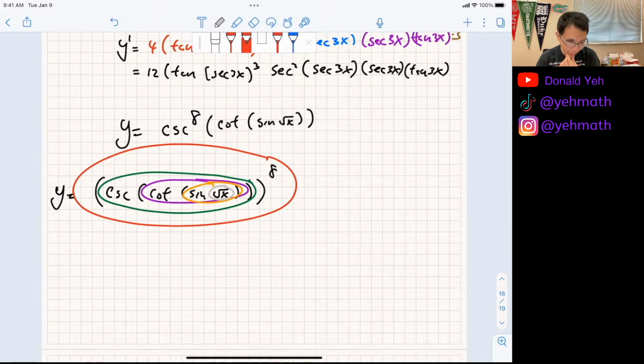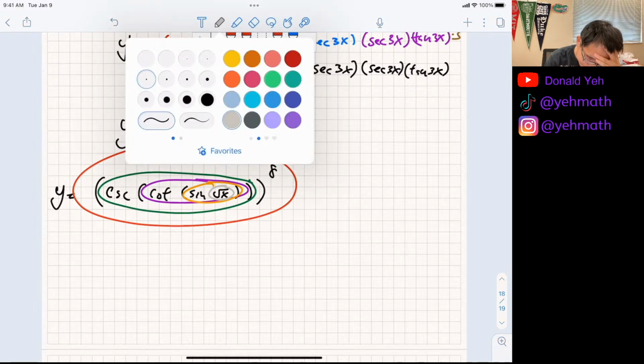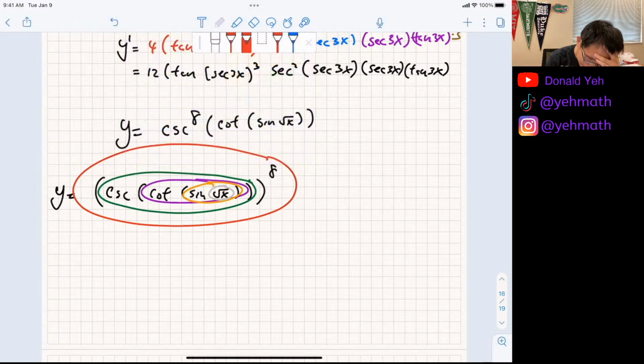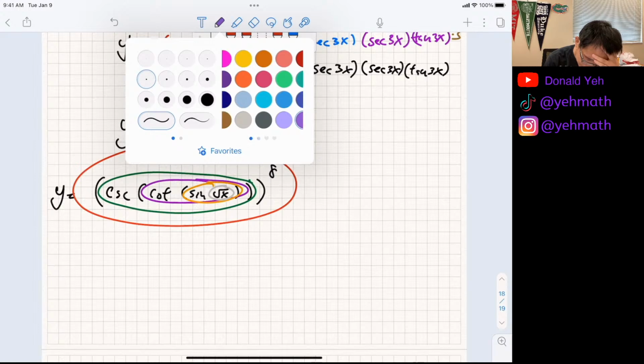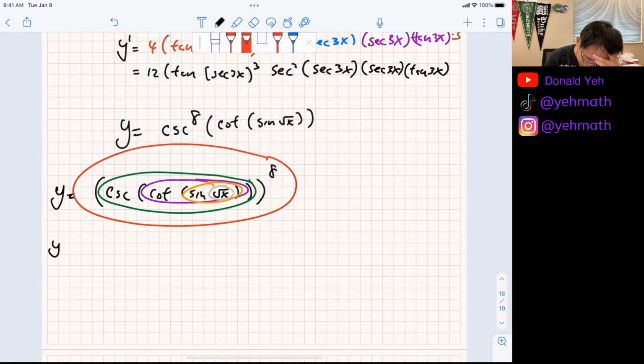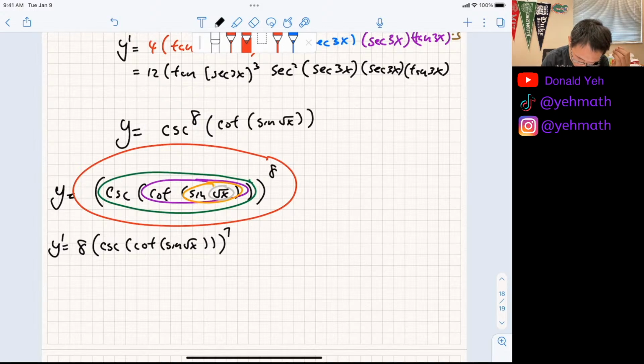So you read there are 5 layers here. Oh my gosh. Yeah, so good question. I think it's just negative cosecant. Negative cosecant, that's not right.